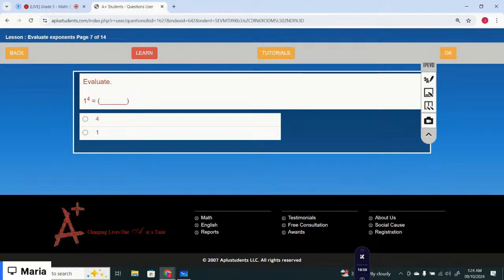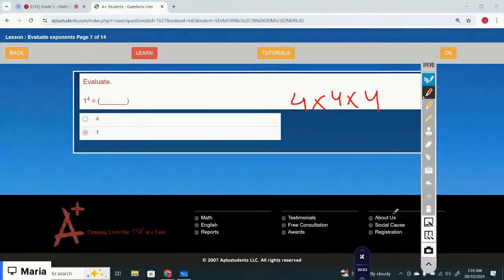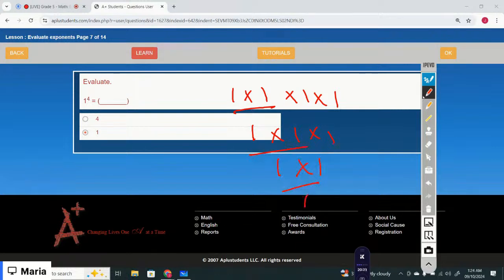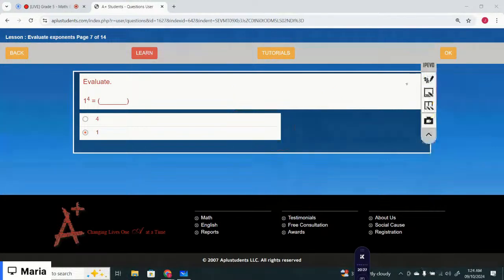Option number 2 is the correct option. 1 exponent 4 means you need to multiply 1 four times. So whatever number of times you multiply 1, the answer is 1. 1 times 1 is 1, 1 times 1 is 1, and 1 times 1 is again 1. So the correct option is 1, option number 2.